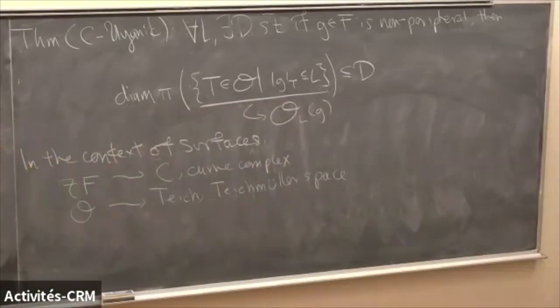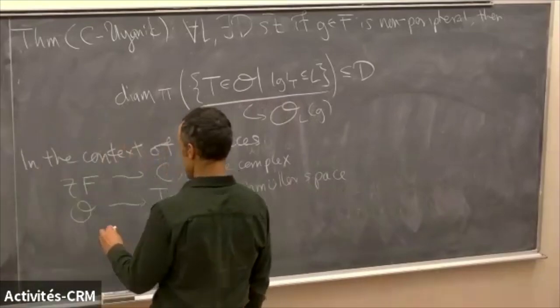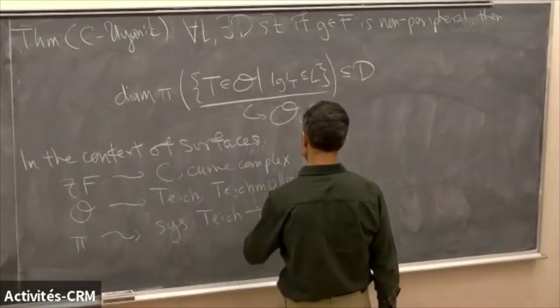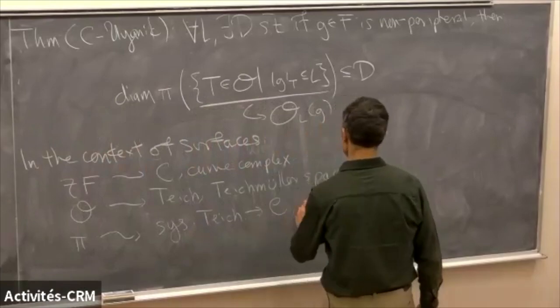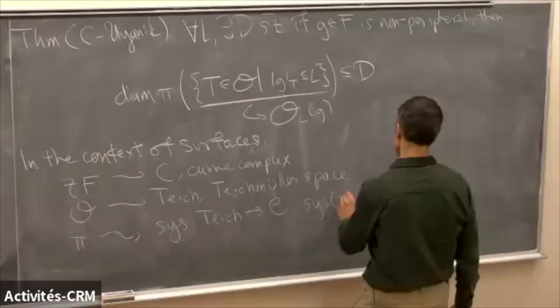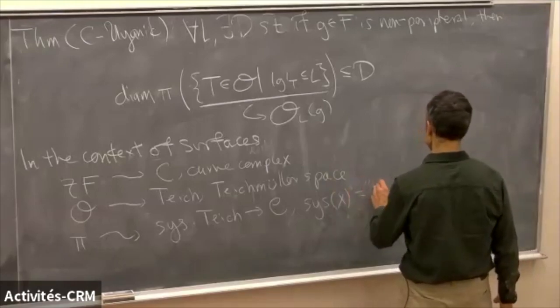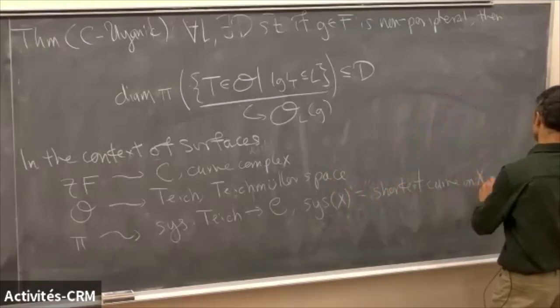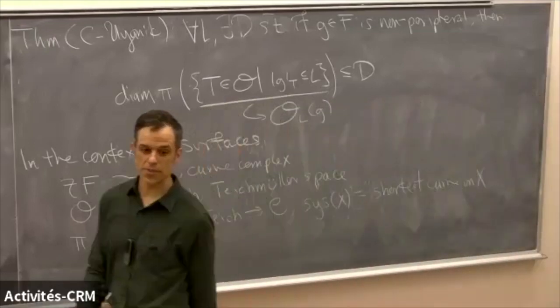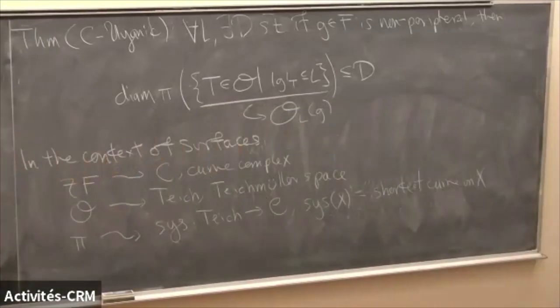And then this projection map, I claim, is really just a syscale map from Teichmuller space to the curve complex, where the syscale of your point in Teichmuller space is just, let me say in quotation marks, the shortest curve on X. I mean, there might be two of them, but that subset inside of the curve complex has bounded diameter. So this is coarsely well-defined.